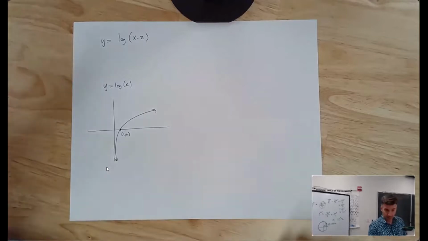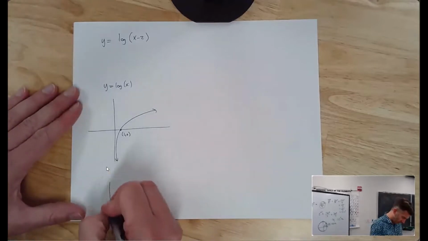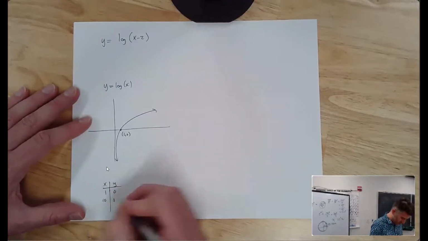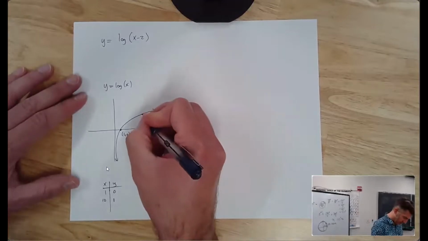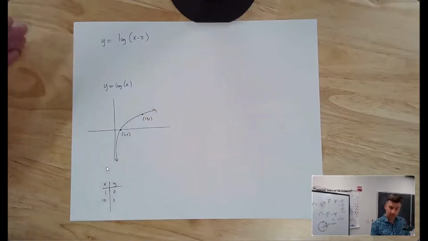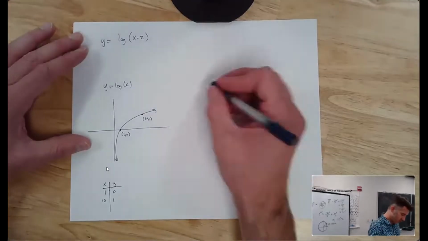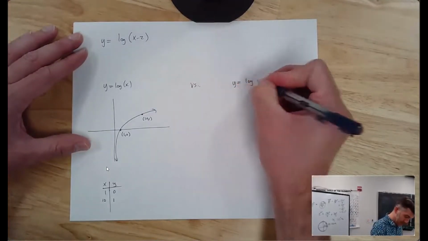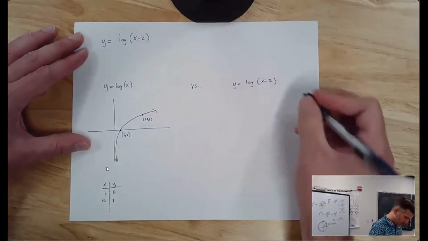So you could plot some points if you wanted to. For example, I could plot very easily the points x is 1, y is 0, x is 10, y is 1. I know it's not a very nice picture, but that would be true. Versus now, if I do y equals log base 10 of x minus 2, I can plot some points here.